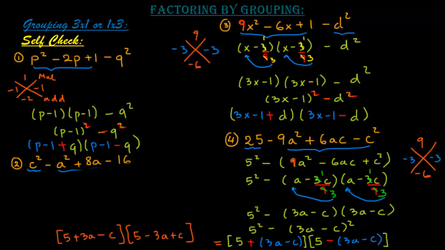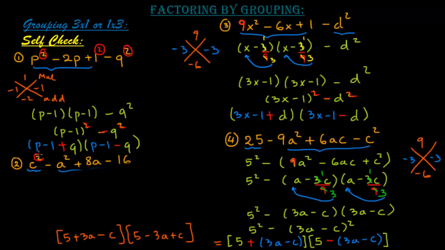Now let's talk about when we use the grouping 2 by 2 and when we use the grouping 3 by 1. So with the grouping 3 by 1, let's go back to example 1. As you see, we have p squared, q squared, and 1 can also be rewritten as 1 squared. So we have at least 3 terms squared in problem 1. How about problem 2?